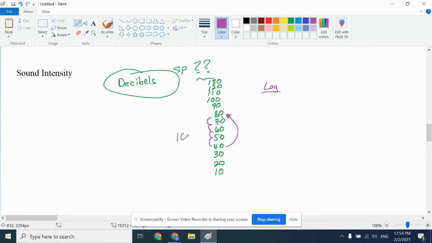Not quite. 10 to the 4th, or 10,000 times as intense. Why 10,000? Because to go from 40 to 80, I stepped up 1, 2, 3, 4 times. So 1, 2, 3, 4 zeros. So there is a huge difference between a gentle whisper down here versus, say, a jet aircraft taking off up here.